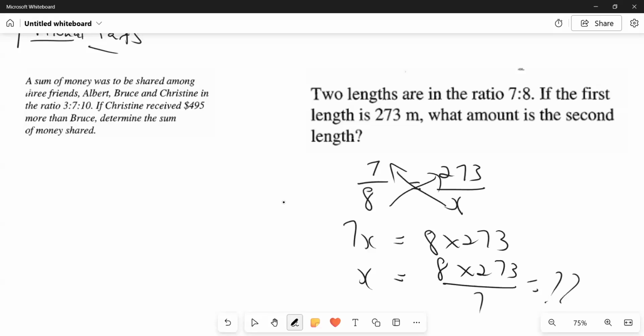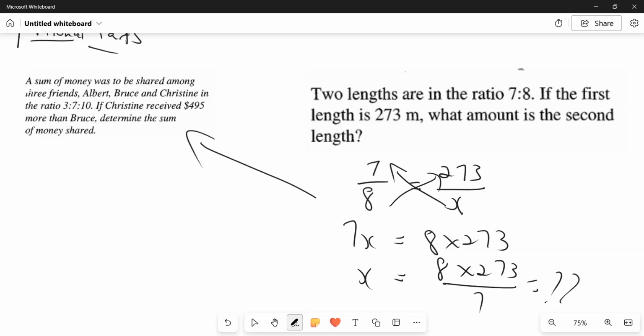But that's not what we see here. We've got three parts. How do you write a fraction like that now? So we have to have a new technique to solve something like this. So the ratio is not 3 to 7 or 7 to 10, it's 3 to 7 to 10, right? And they have some more technical information now.